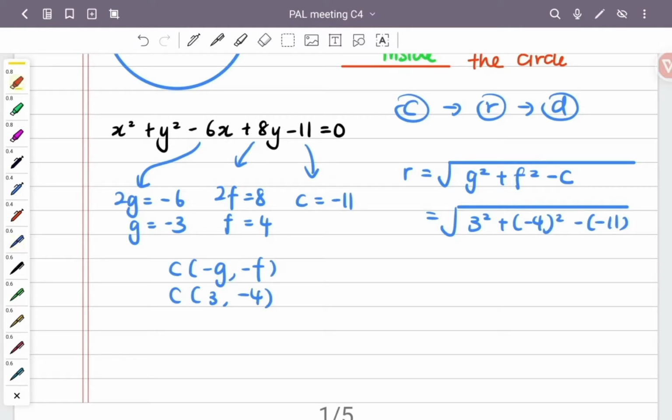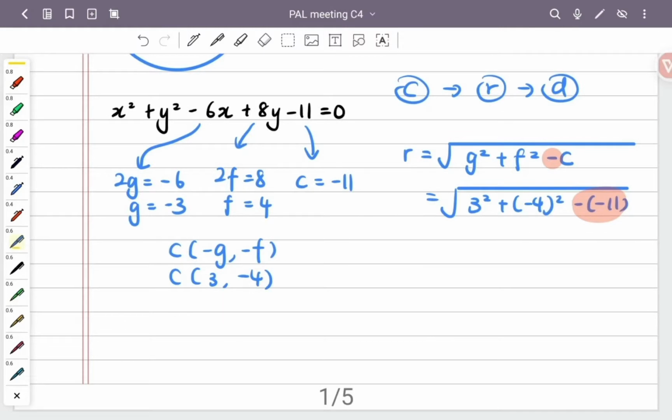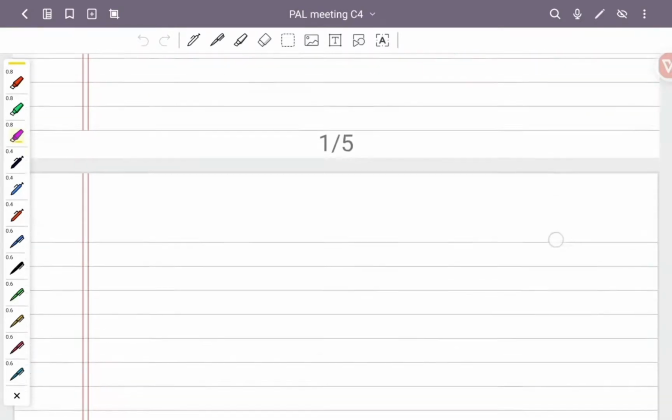So note that this part is very important. Don't miss it out. This one is a minus here. So at the end, if you use your calculator, you will get R equals 6. Okay, so this is very important.